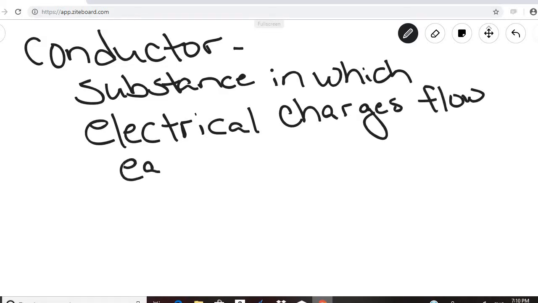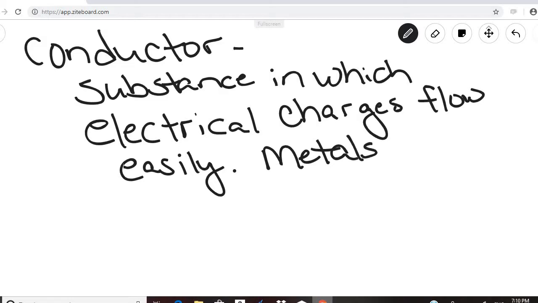And most metals are good conductors. There are other things that are good conductors too. Your body is a good conductor of electrical charges. Water is a good conductor of electrical charges.